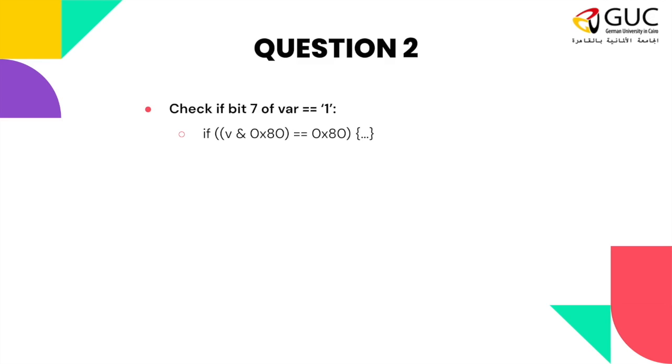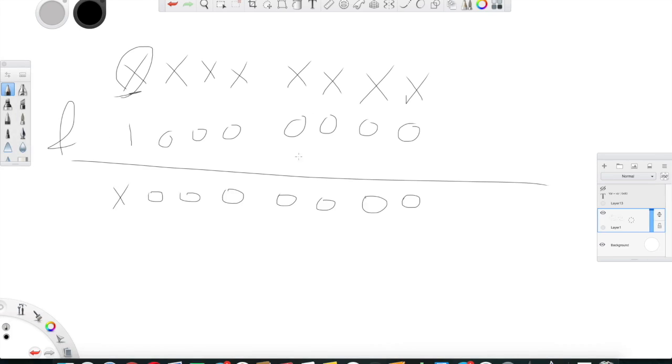So actually what did I do? I simply made the remaining bits all zeros, and then I will check whether this bit is 1 or not by checking if it is equal to 1 0 0 0 0 0 0 0.